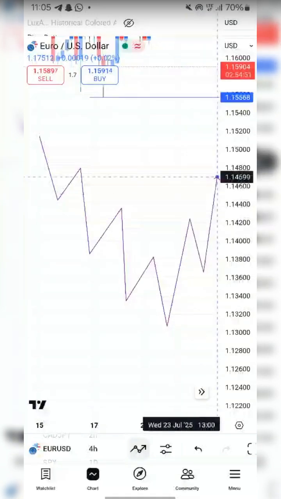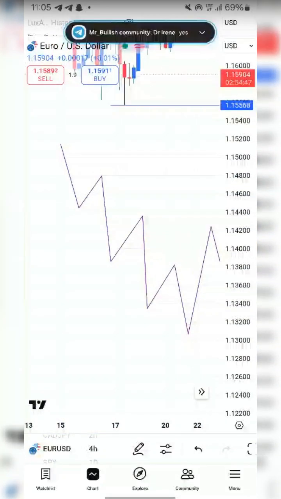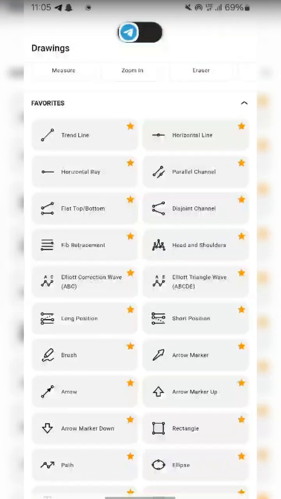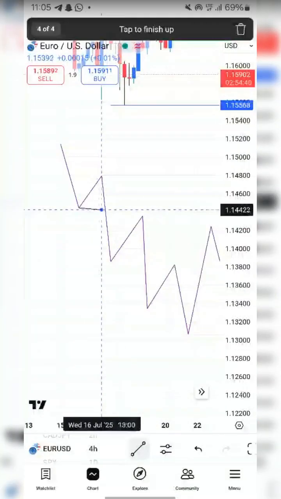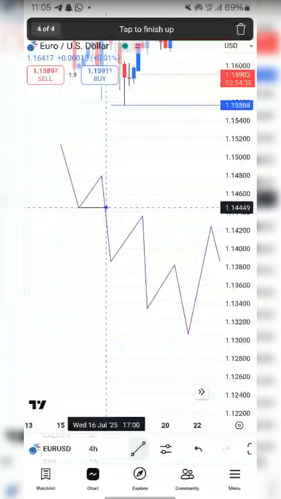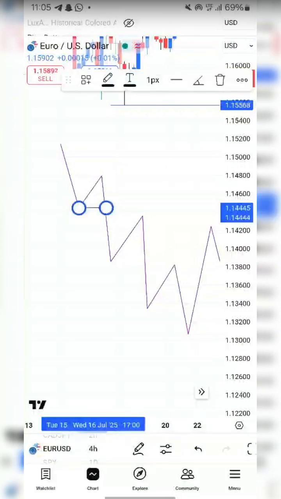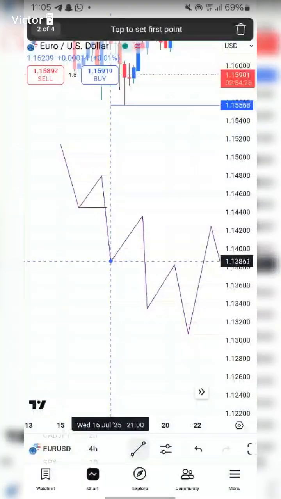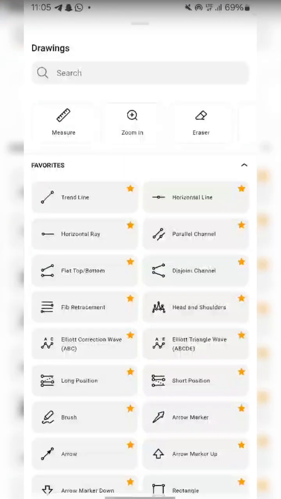Then, okay, now what happened here? Let me map everything out. This point here, we have a break of structure. Then this break of structure here. We also have another break of structure. Then we also have another one.